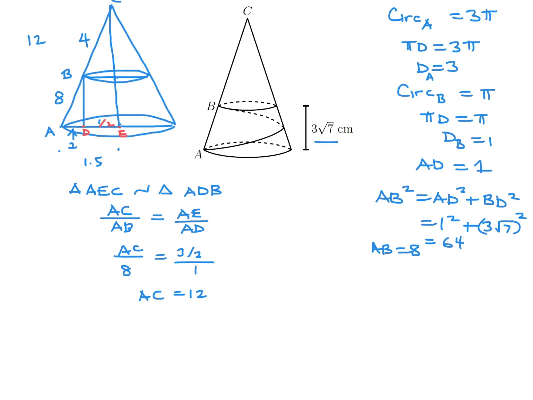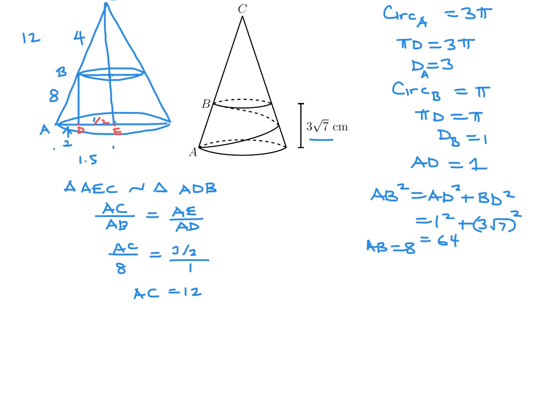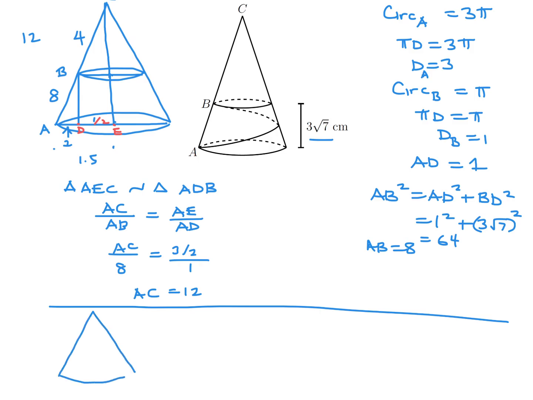So now what we need to do is figure out the path for P, but the only way we could do that is to open it up. Let me explain what I mean. I'm going to need some space here. I've got to take this cone and open it up.